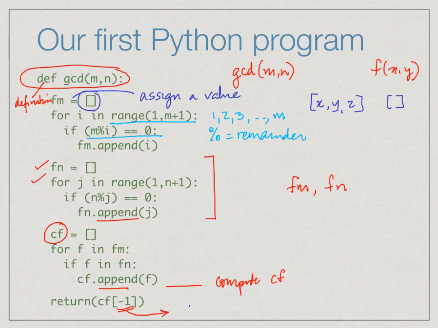If you start counting from the left, then the positions in the list are numbered 0, 1, 2, 3, 4. But Python has a shortcut which says if you want to count from the right, then we count the numbers as -1, -2, and so on. So it says return the -1th element of cf, which in Python jargon means return the rightmost element.